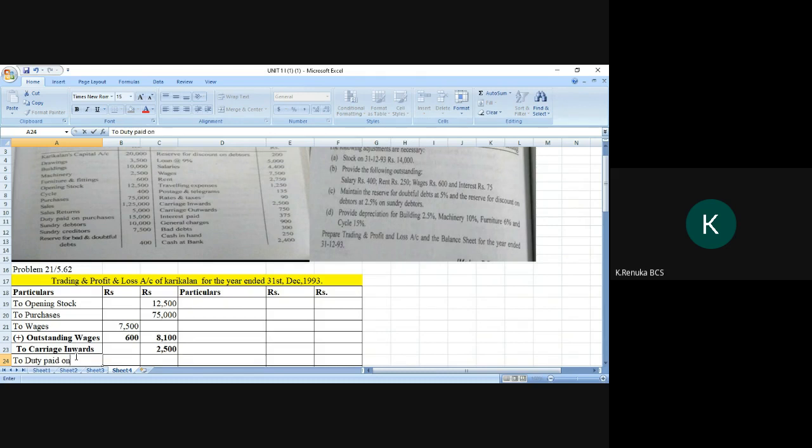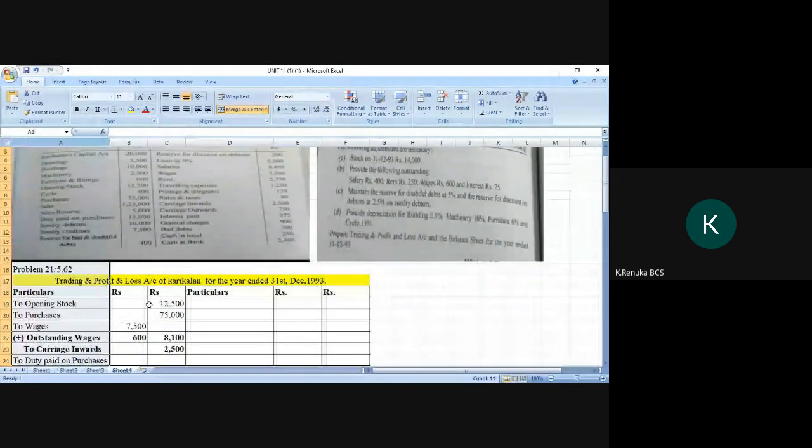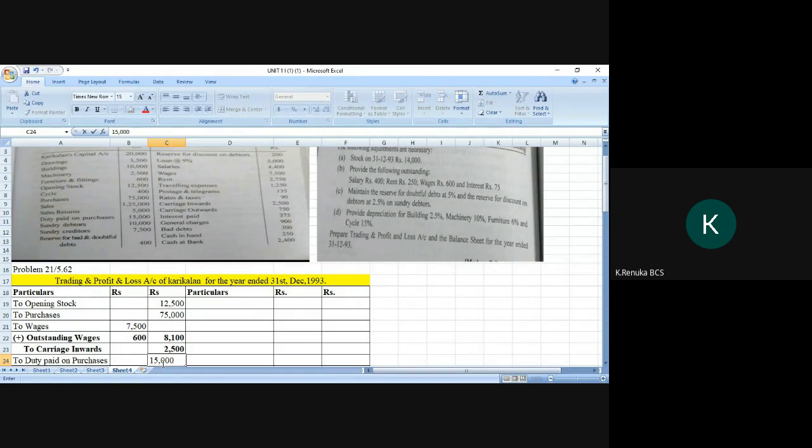Duty paid on purchases, the value they have given is 15,000. Other than that, we have recorded all the expenses incurred in the trading.